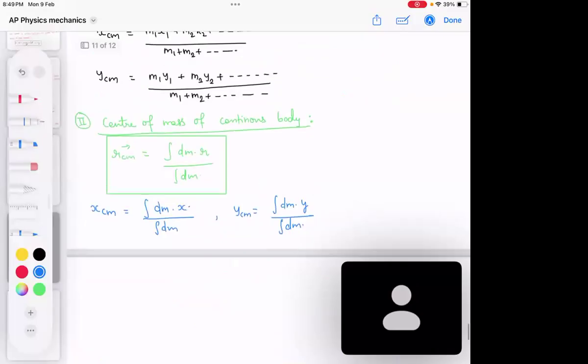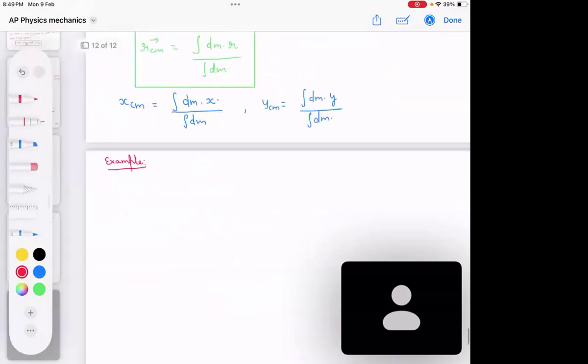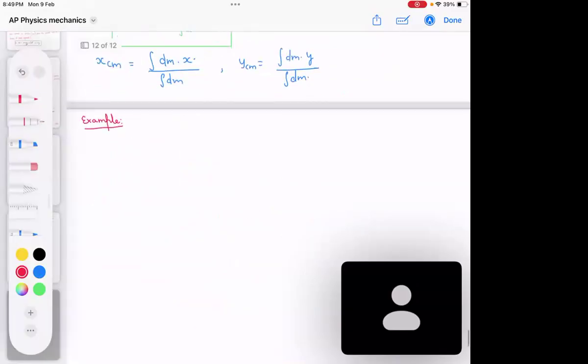Clear? So first let's discuss two examples on center of mass calculation of the discrete particle system. Discrete particle system means here I am going to take a number of particles given to us. Let's take an example. A square is given to us.